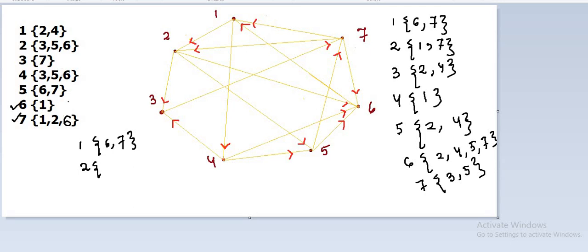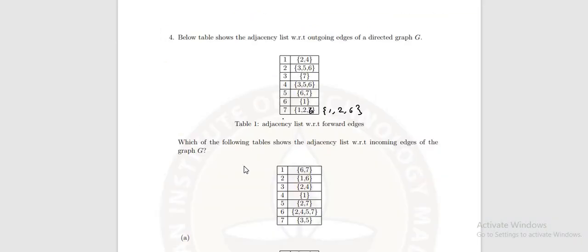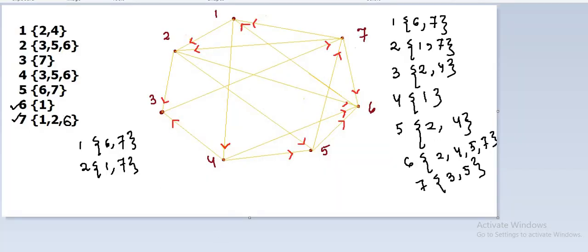Then moving on to 2, you can do the same. From here you can verify it is 1, and then 7. So 1 and 7. The same thing that we have seen in the graph, you will obtain from here. Let's see which option satisfies the data that we got.